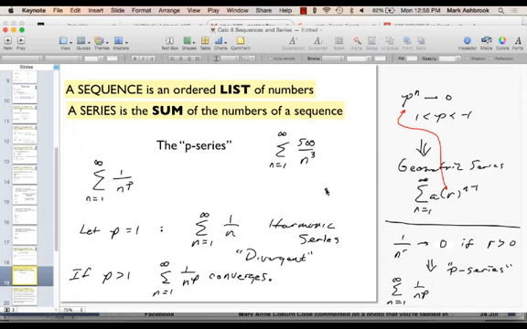P-series. The reason you know is n is in the base. If n is the exponent, then that might be a geometric series, right? Because we need something to the n minus 1, something to the n, which we can manipulate to get n minus 1. So when your n is in the exponent, you have a geometric series. When your n is the base, that's a p-series.